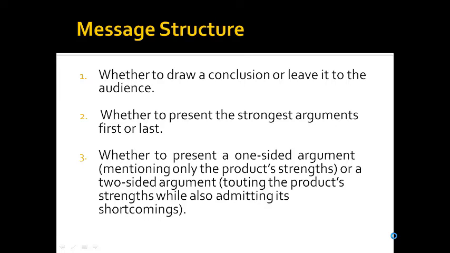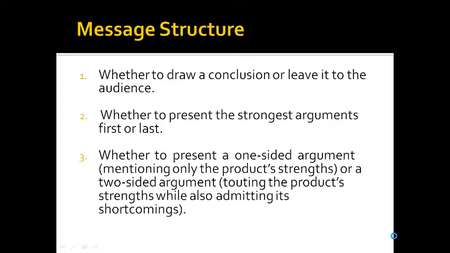At times they have to decide whether to present the strongest arguments first or last. If they present the strongest argument initially, at the start of the advertisement, they capture the attention at once, but then they don't have any climax by the end. The third question they usually ask is whether to present one-sided arguments, just focusing on the strengths and positive sides of the product, or a two-sided argument touting the product's strengths while also admitting its shortcomings.